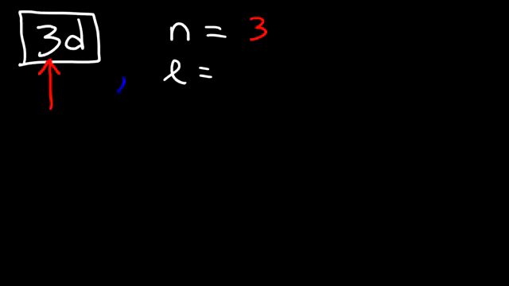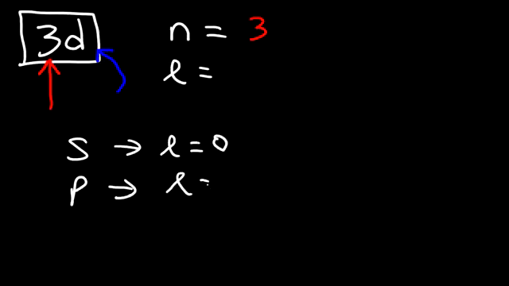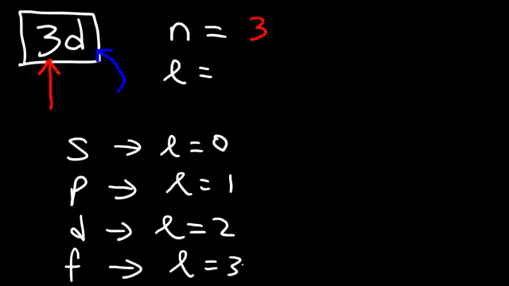Now for the d sublevel, L is what value? So if you recall, for the S sublevel, L is always 0. For the P sublevel, L is 1. For the D sublevel, L is 2. And for the F sublevel, L is always 3. So for the 3d sublevel, n is 3 and L is going to be 2.